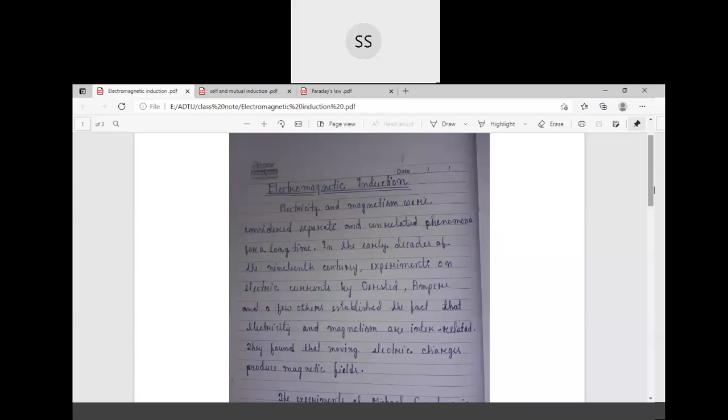When charges move, they produce an electric current, and it will produce a magnetic field around the wire in which the charges are traveling.